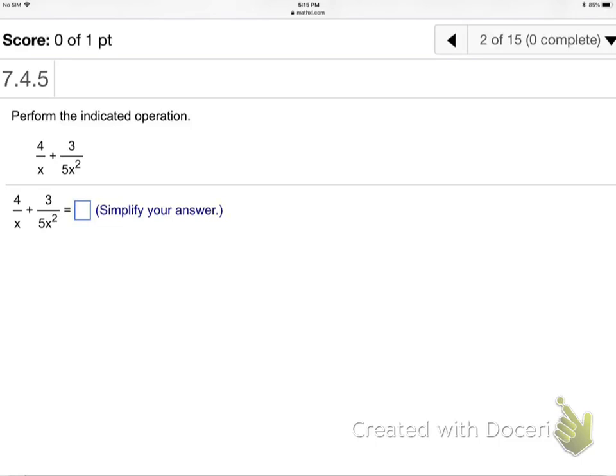All right, so here in number 2, we've got to get a common denominator. Common denominator is required. So how do we do it?